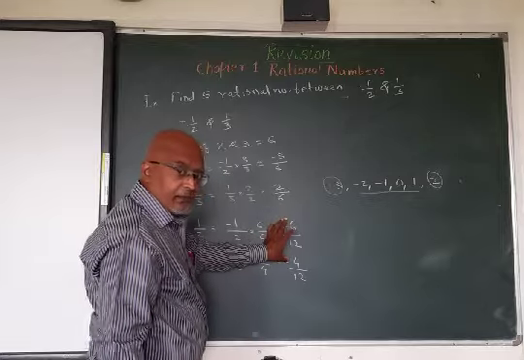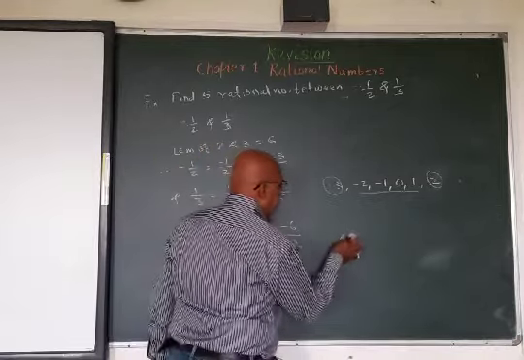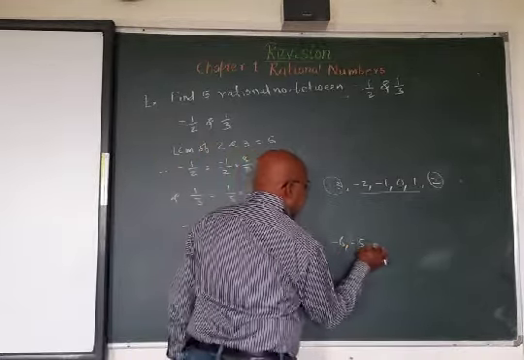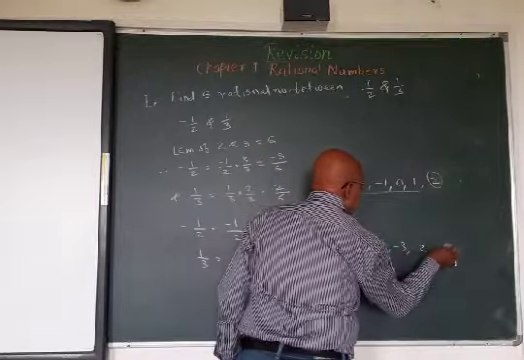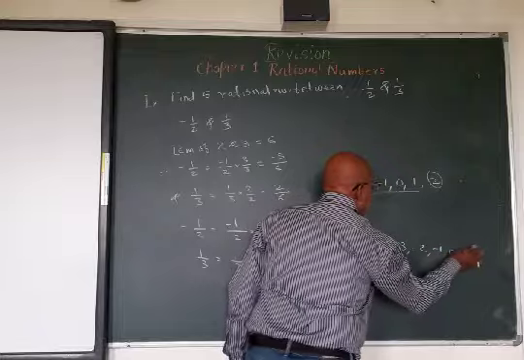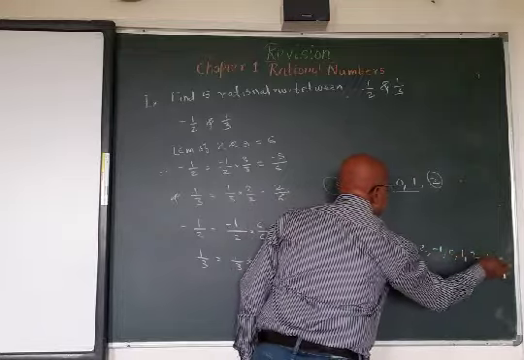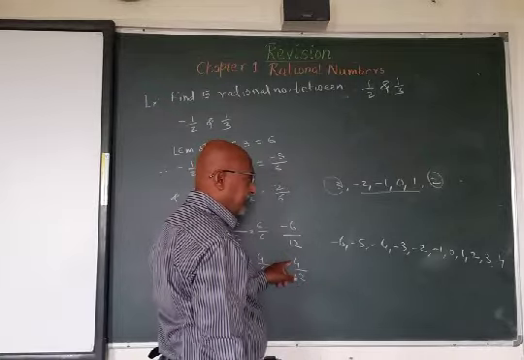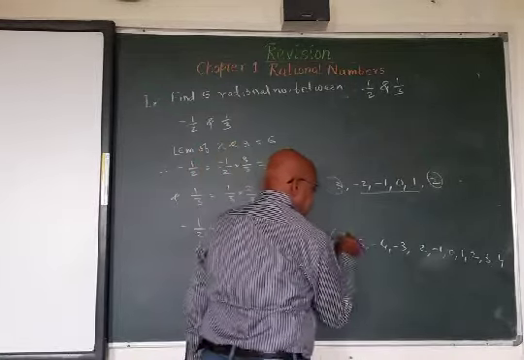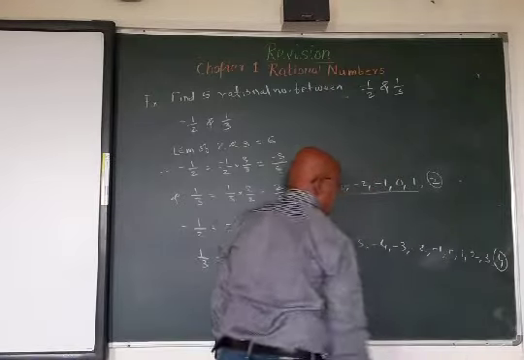The numerators between these we can find: minus 6, minus 5, minus 4, minus 3, minus 2, minus 1, 0, 1, 2, 3, 4. The end points minus 6 and 4 will not be considered because we want numbers between these.